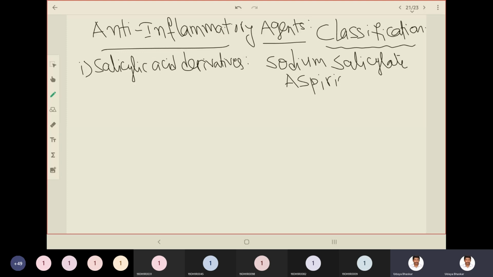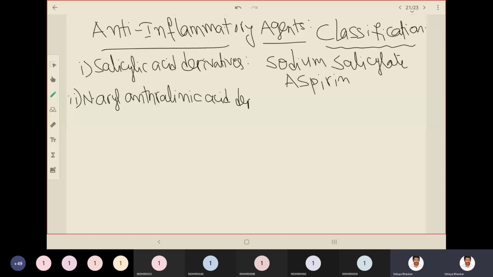The second one is N-aryl anthranilic acid derivatives.